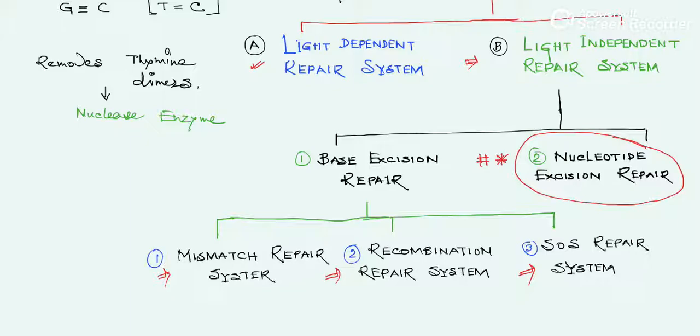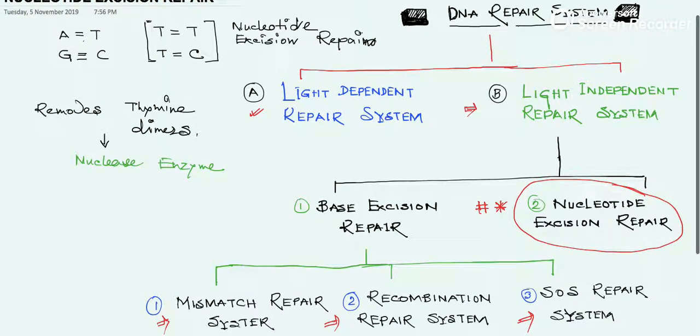This nucleotide excision repair is based on the nuclease enzyme, and it produces a cut on either side of the damaged part. Suppose this is a DNA, and this enzyme cuts on both sides of the DNA and removes the damaged part.